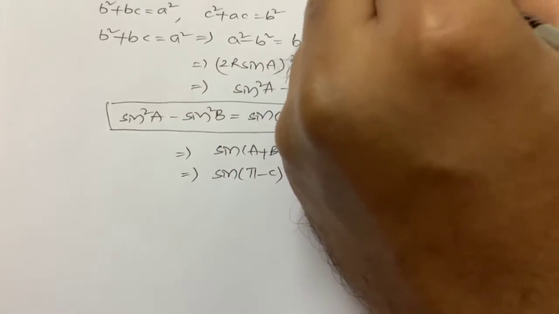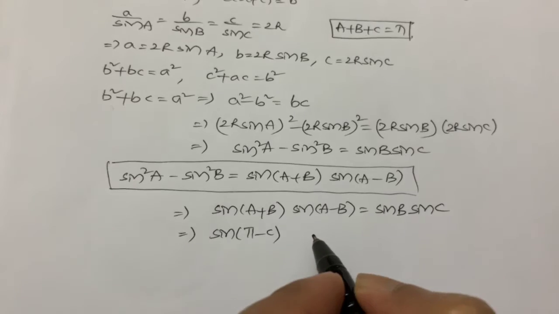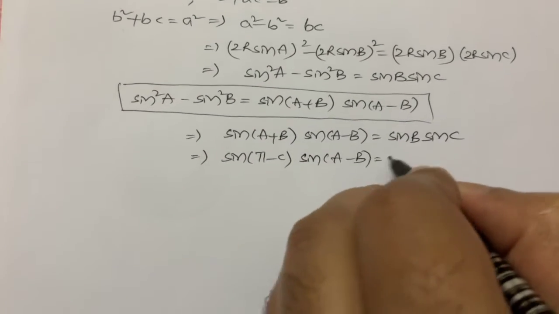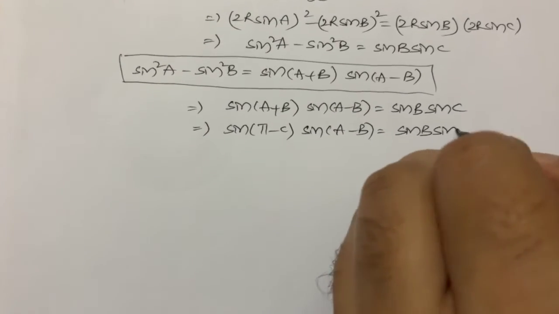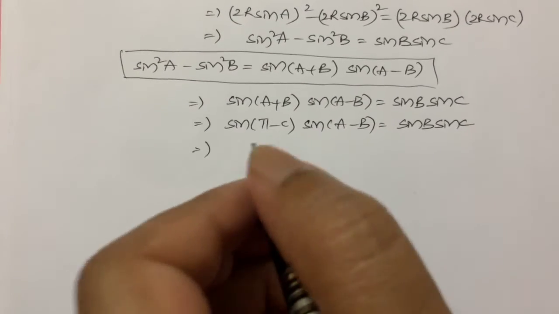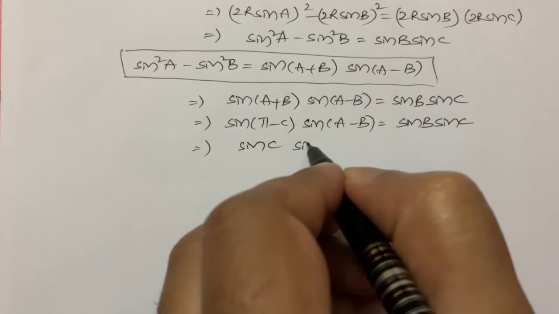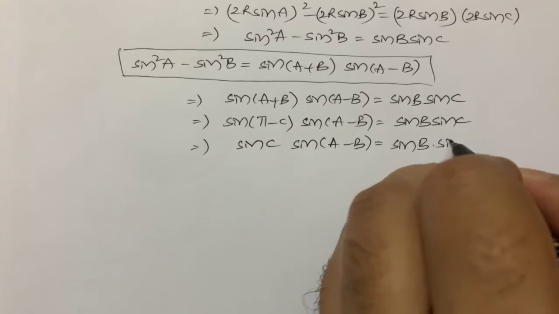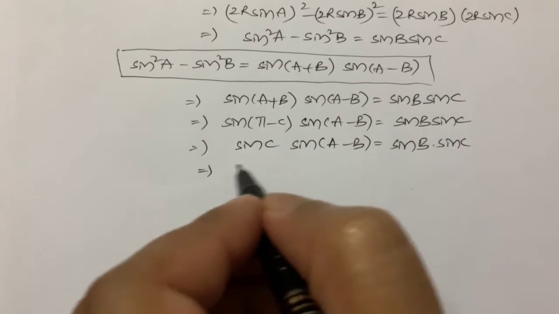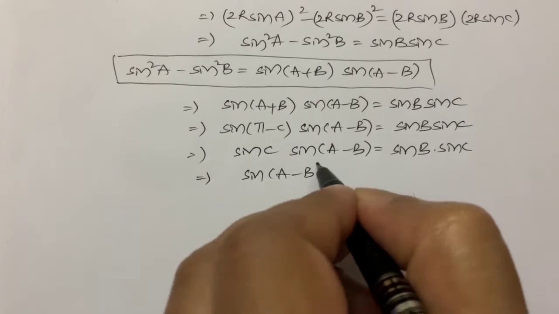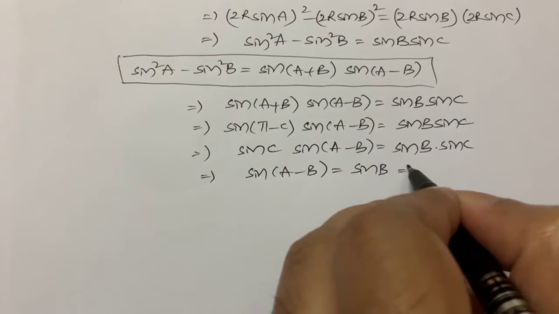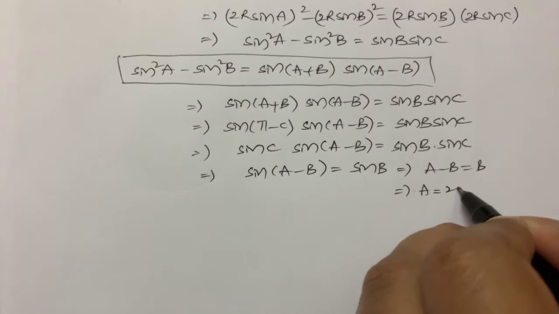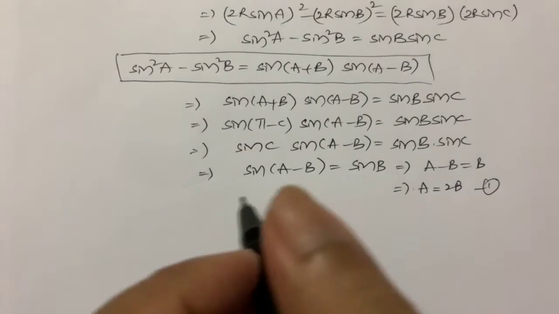So sin(pi - C) sin(A - B) = sin B sin C. Sin(pi - theta) is sin theta, so sin C sin(A - B) = sin B sin C. So we'll get sin(A - B) = sin B, which implies A - B = B. So A = 2B. So this is relation 1.